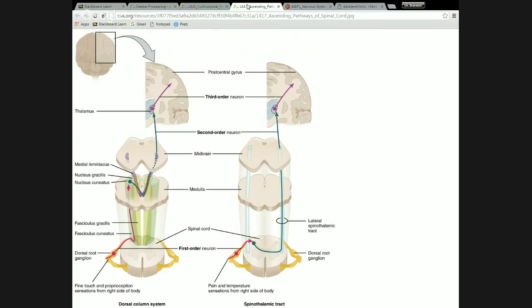So let's say the damage is somewhere about here, but only on half. So if the damage is on this side, it interrupts the dorsal column, but if the damage is on this side, it's missed by the spinothalamic tract. So you can separate out the touch versus the pain stimuli using that probe.